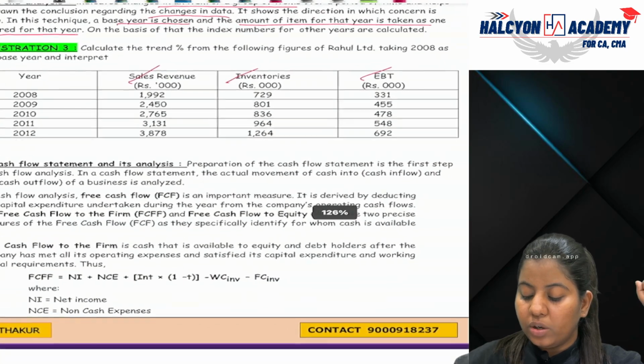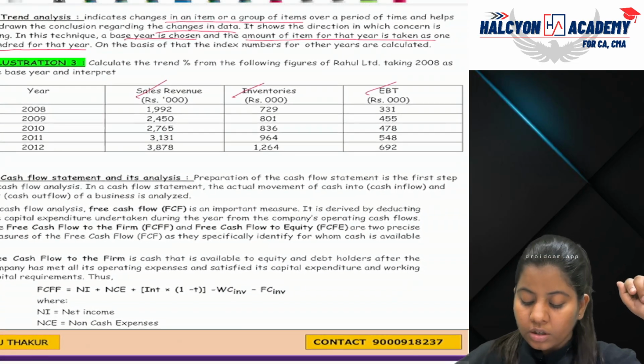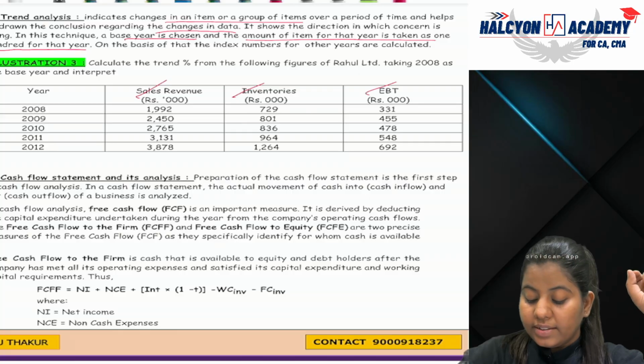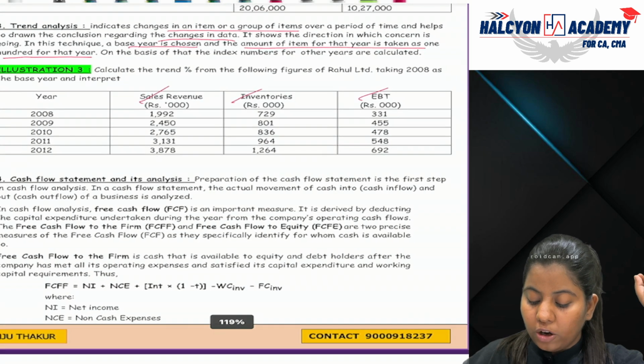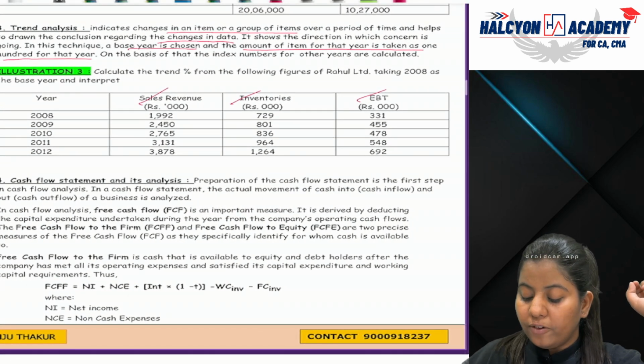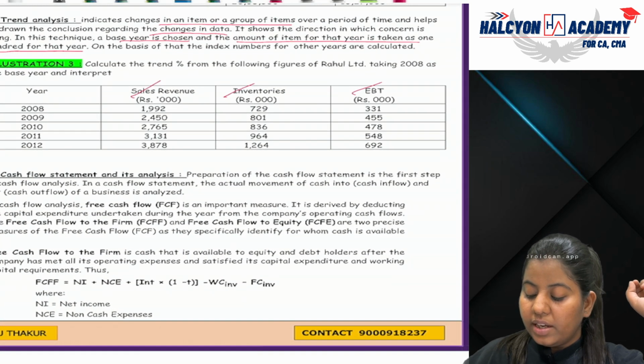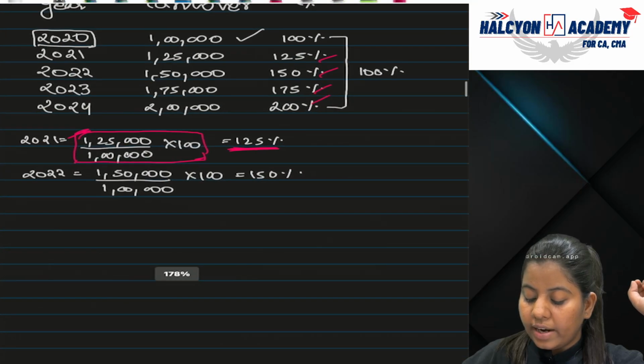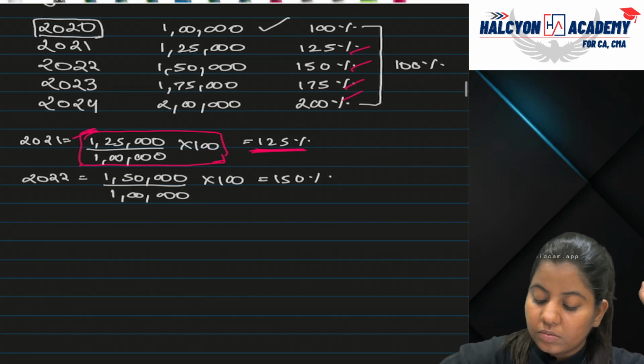Trend percentage is only the index number. So I am going to do sales revenue and you have to do inventory and EBT in homework. Then I will tell you the answers and analysis in next lecture.